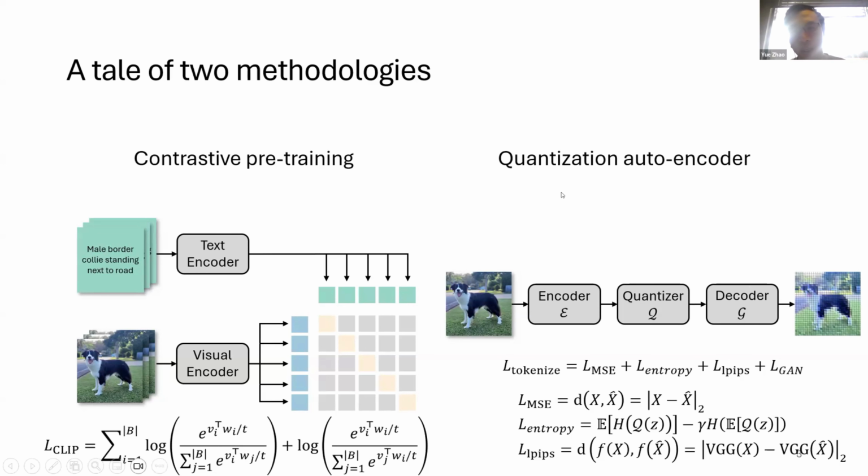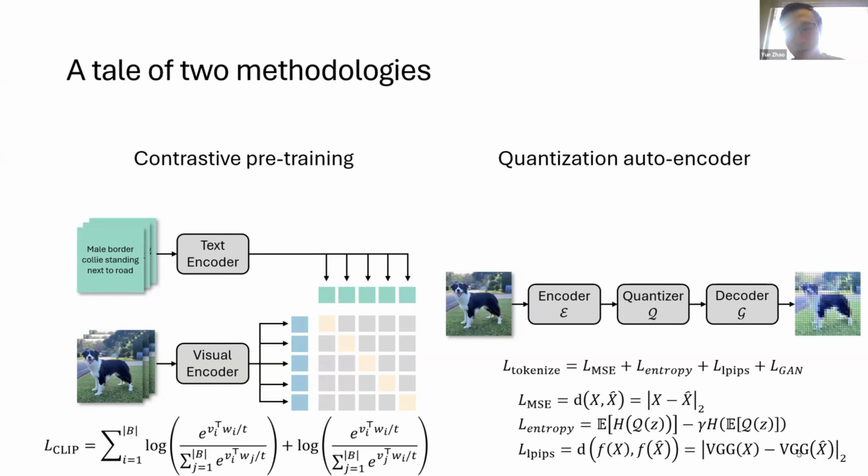The other direction is the autoencoder, or variational autoencoder. Here we think about quantization-based autoencoders, where we have an encoder-decoder architecture, and between the encoder and the decoder there is a quantization that discretizes each feature after the encoder to a discrete index.